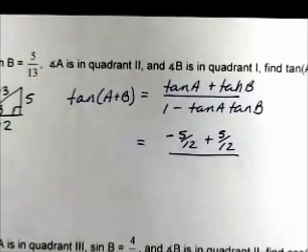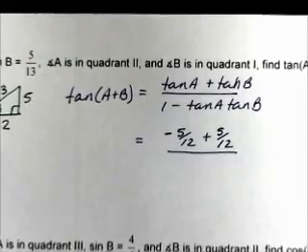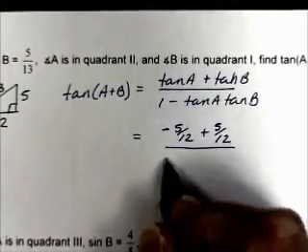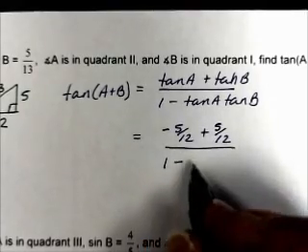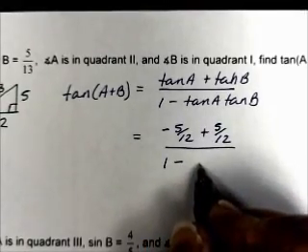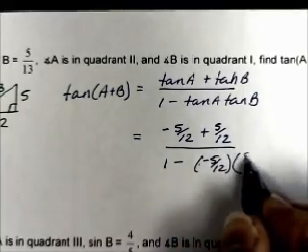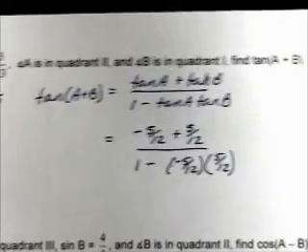Well, what do you notice there? That's 0. All over 1 minus the tangent of A, which is our negative 5/12, times the tangent of B, which is our positive 5/12.